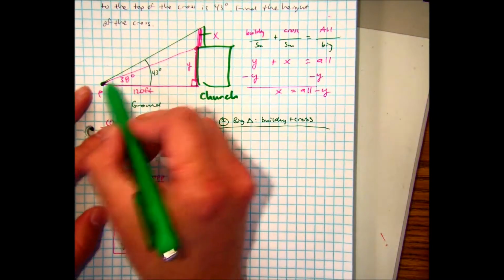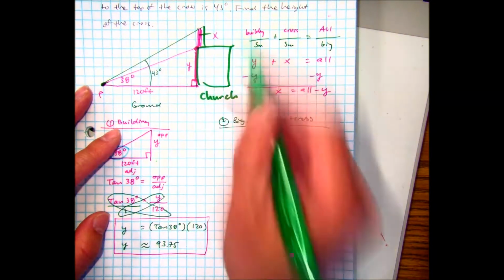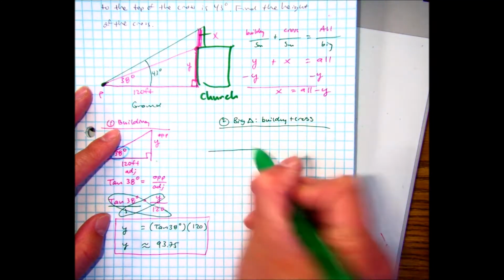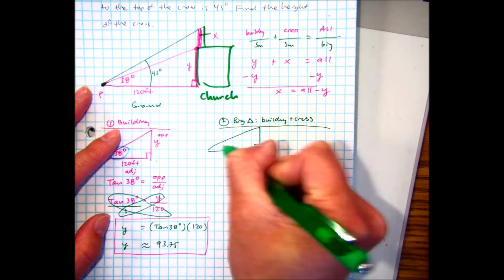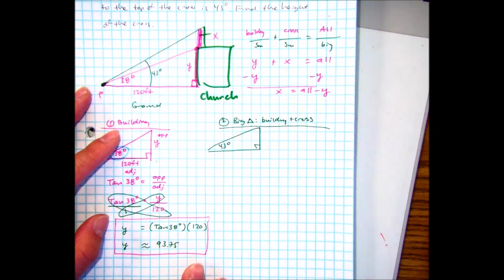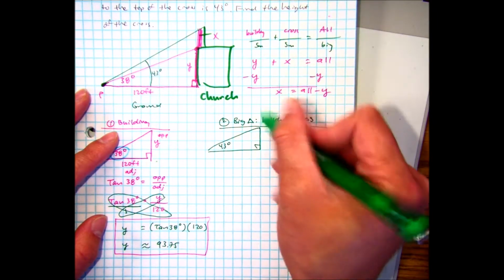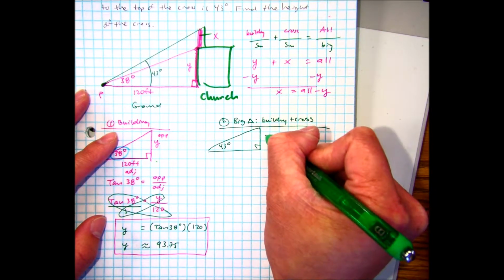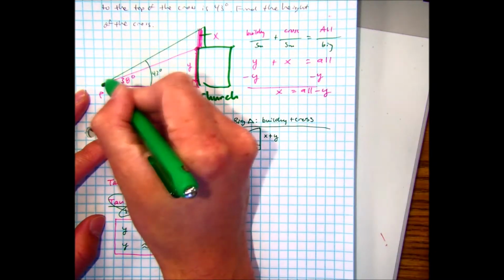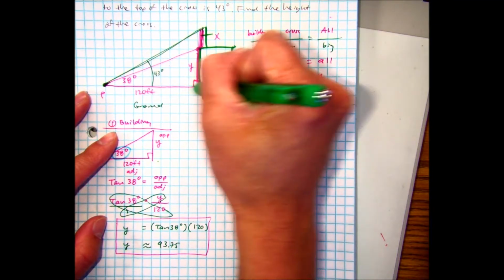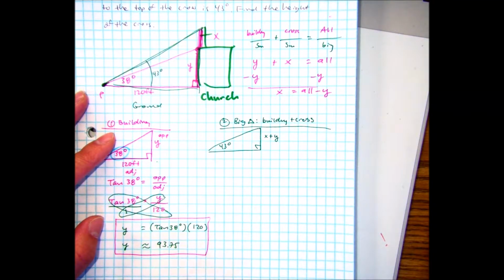All right, so let's look at our big triangle now. What's our angle, class? 43 degrees. This side I'm going to call x plus y. Does that make sense? This is what we're doing right now, right? That includes the cross and the church building.